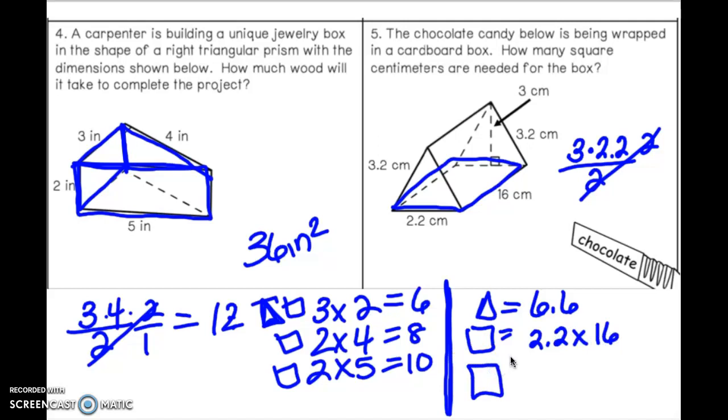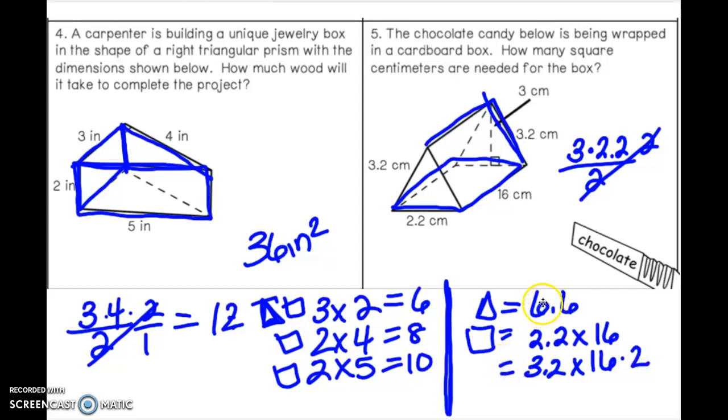Our next rectangular base, I'm going to run out of room here. Okay, let's do this side. This is 3.2 times 16. And the other side is also 3.2. So we just have 2 of those. Okay.